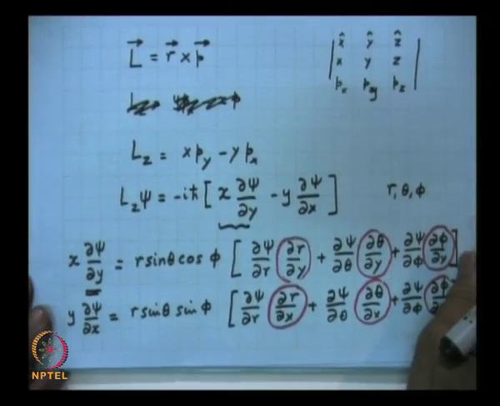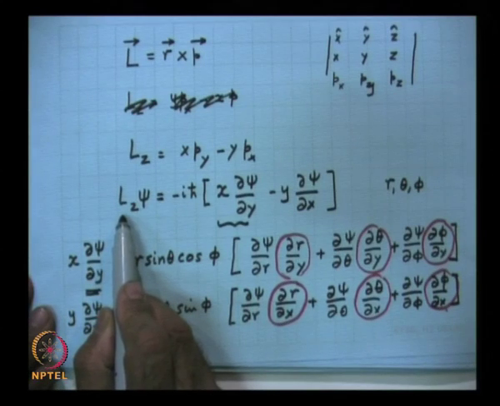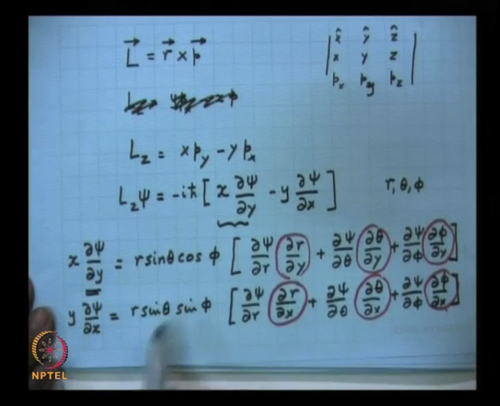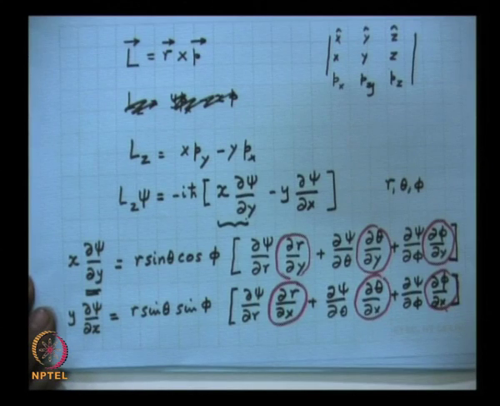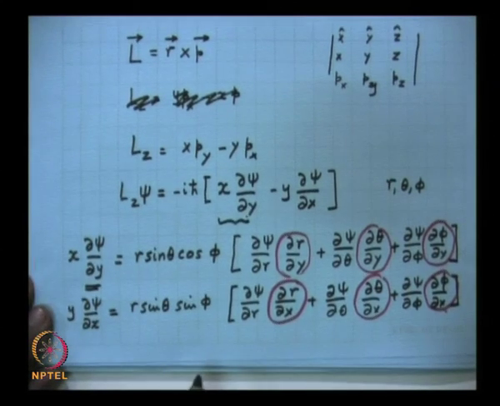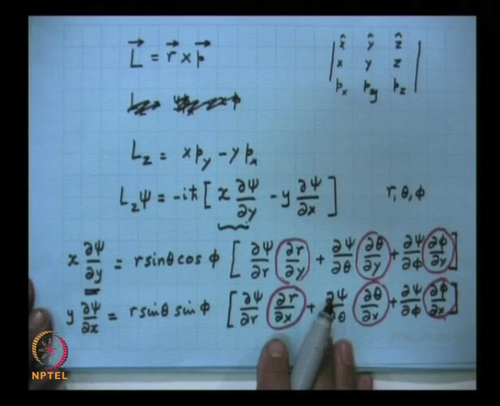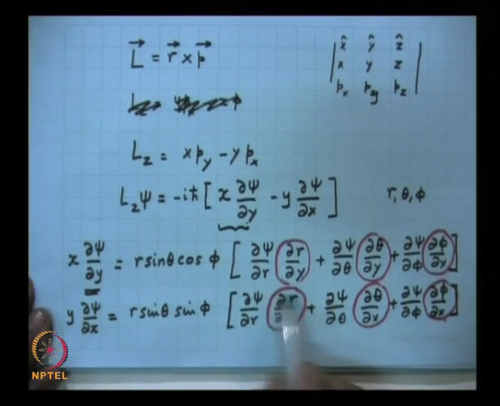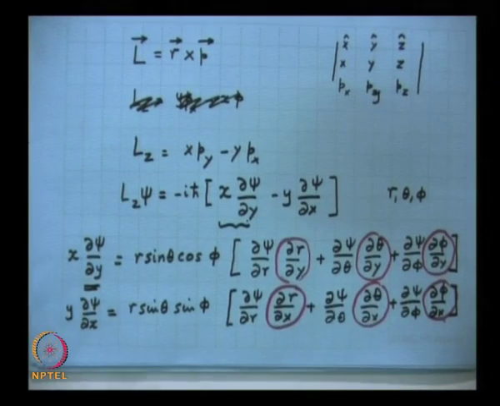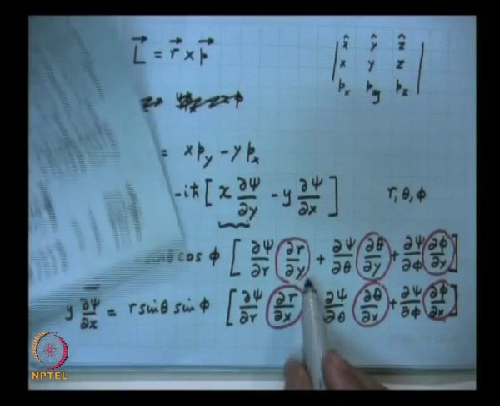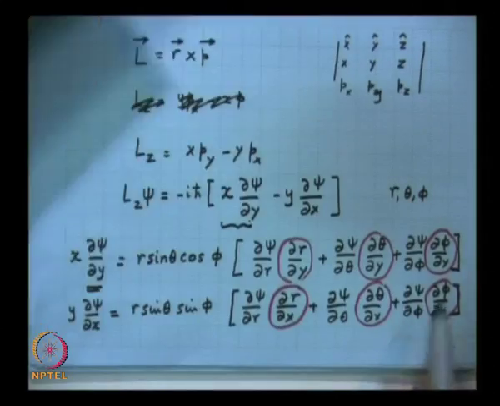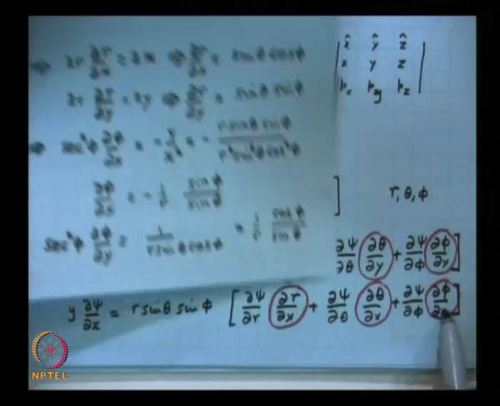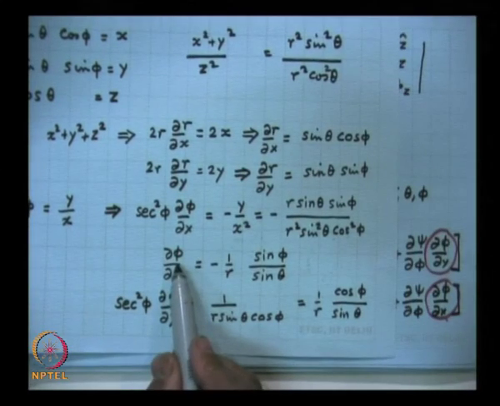Our objective was to obtain the operator representation of Lz. In the Cartesian coordinates, it is x delta psi by delta y minus y delta psi by delta x. But I wanted it in terms of the polar coordinates, and so you have to evaluate these, which we have evaluated. For example, delta r by delta y is given here, delta r by delta x is given here, delta theta by delta y, delta phi by delta y and delta phi by delta x are given here.